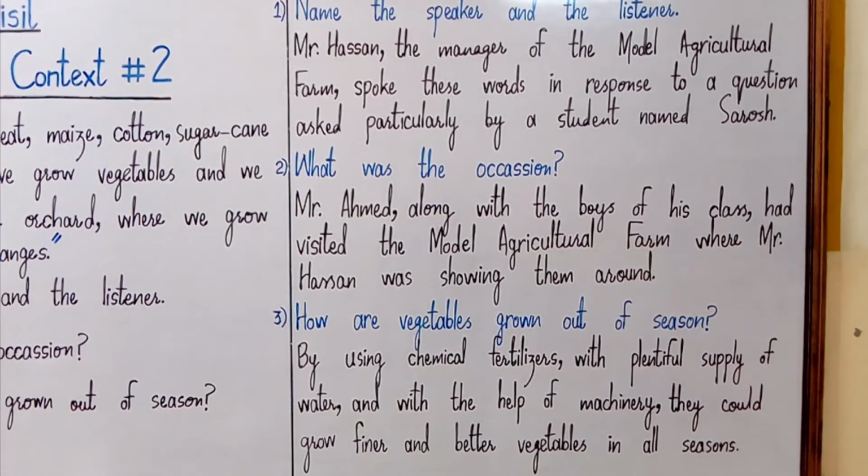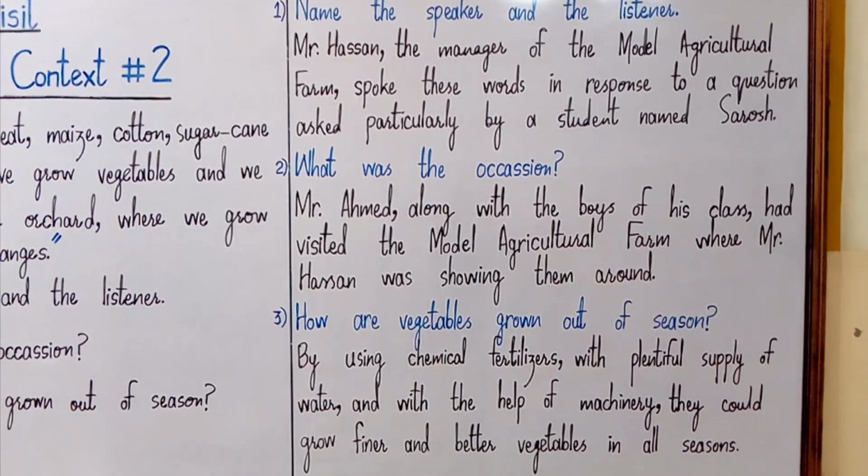Question number 2, what was the occasion? The answer is Mr. Ahmed, along with the boys of his class, had visited the model agricultural farm where Mr. Hassan was showing them around. So the occasion in this context was a visit to the model agricultural farm.